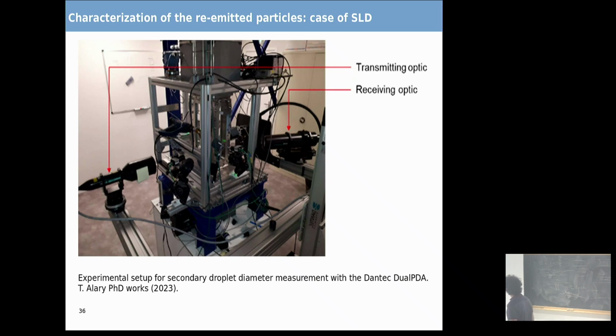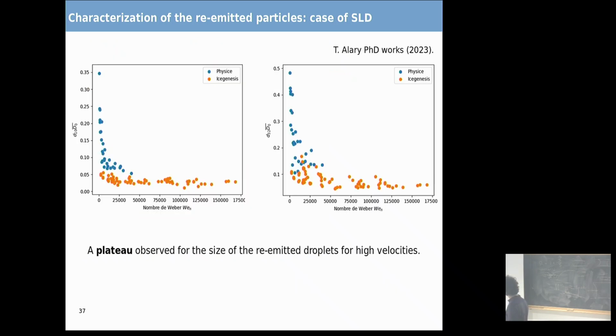To do that, PDA is used to characterize the secondary droplets just after an impact on the wall. What has been obtained is represented here: the diameters of the emitted particles versus the Weber number, the mean diameter and the Sauter diameter.